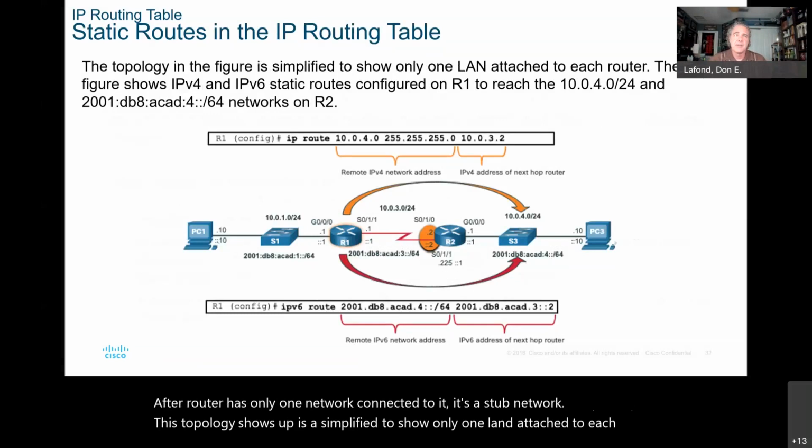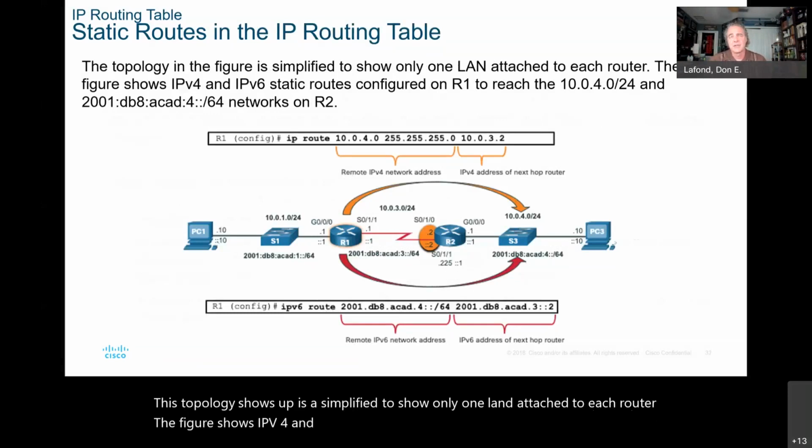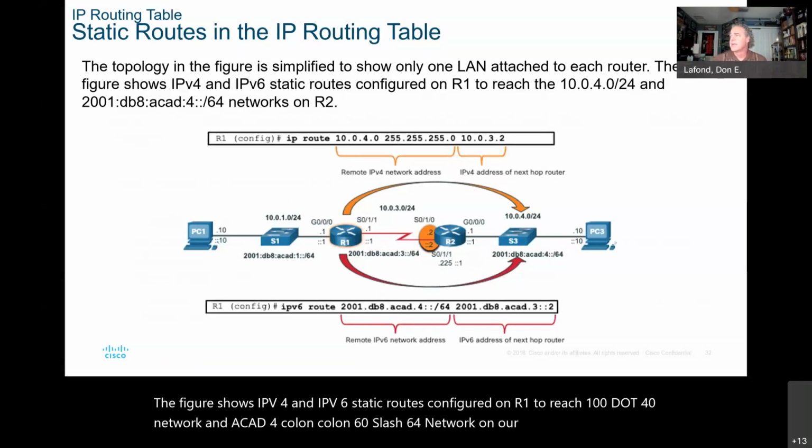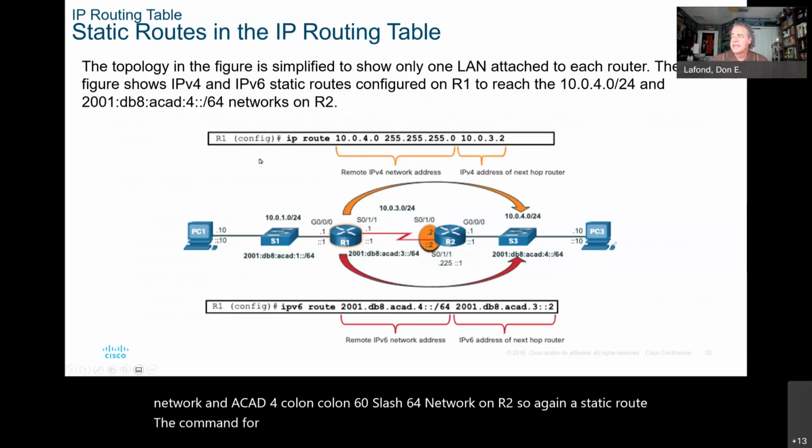The figure shows IPv4 and IPv6 static routes configured on R1 to reach the 10.0.4.0 network and the 2001:db8:acad:4::/64 network on R2. So again, a static route, the command for IPv4 is ip route, or ipv6 route.